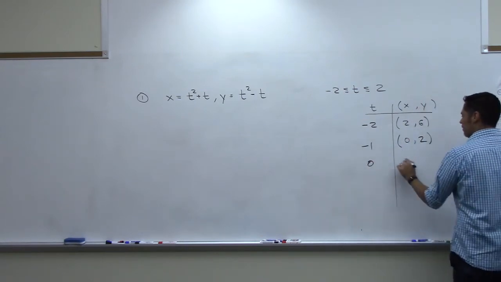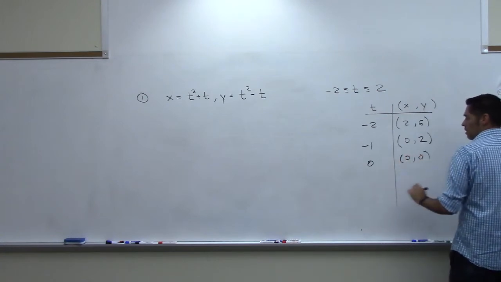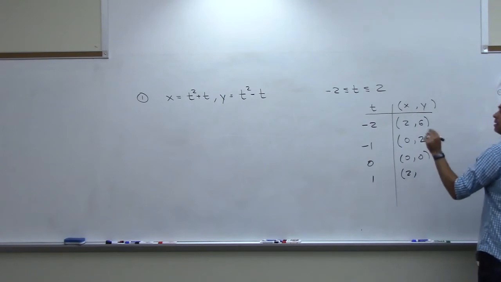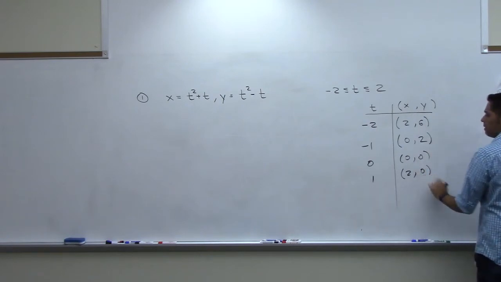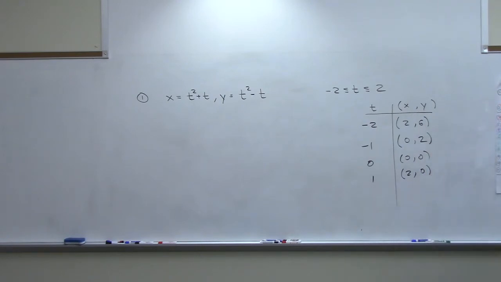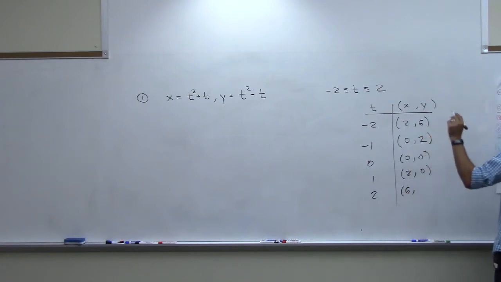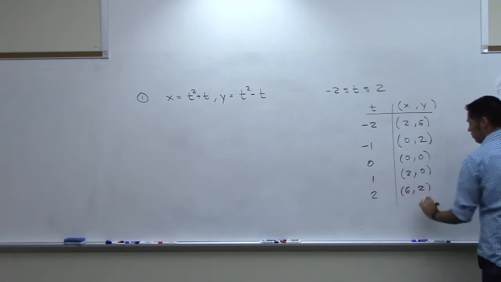This one I can do. 0, 0. Okay, plug in 1. We get 2, 0. I thought it was 3, 2. Oh, no, you're right. 1 squared plus 1 is 2, and 1 squared minus 1 is 0. Then plug in 2. 4 plus 2 is 6, and then 4 minus 2 is 2.